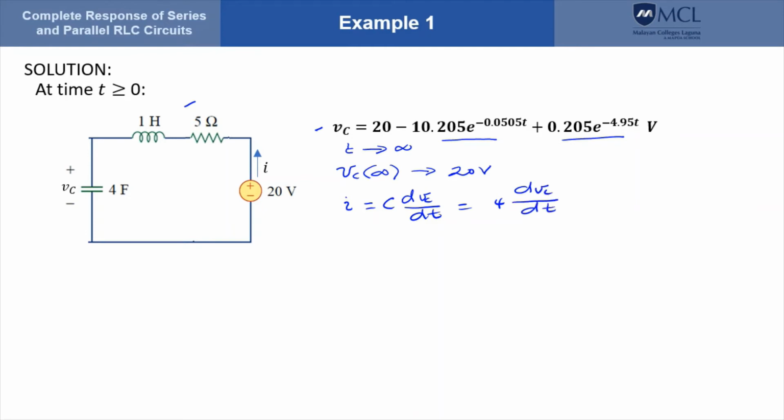We already have Vc, and that will give us this current. Again, if we also let t approach infinity, so we let the circuit go steady state, we will get a current that will approach 0 amperes.